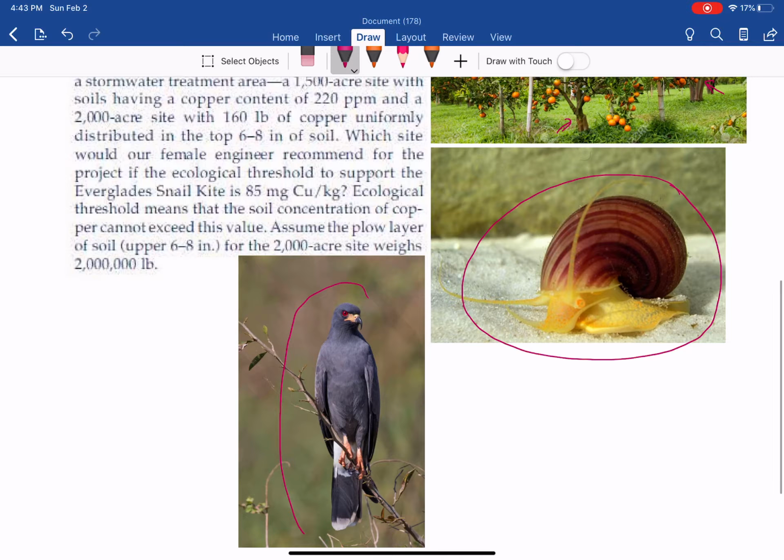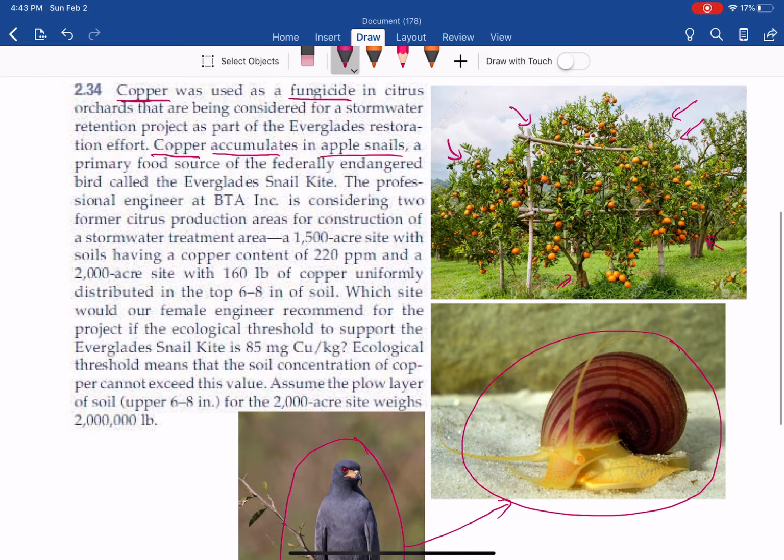If you have any chemicals and fungicide like copper, it will accumulate in the snail, and whatever the snail has inside will accumulate in the bird.